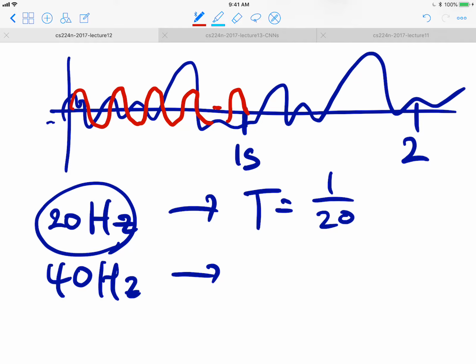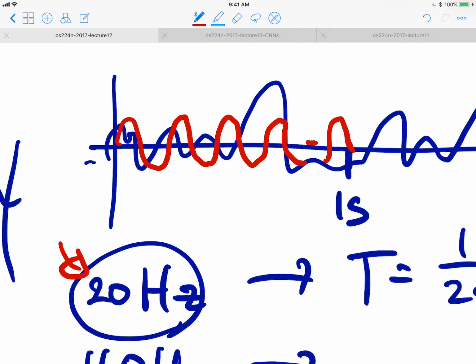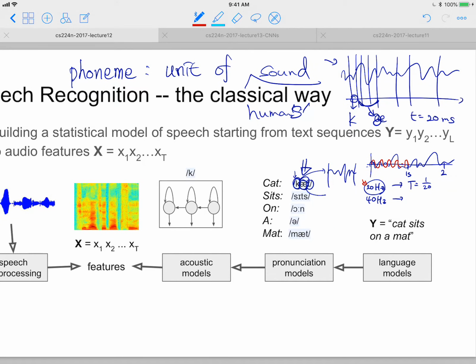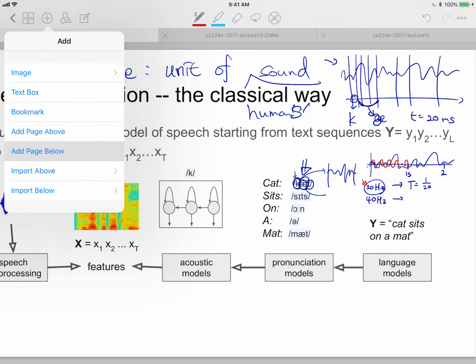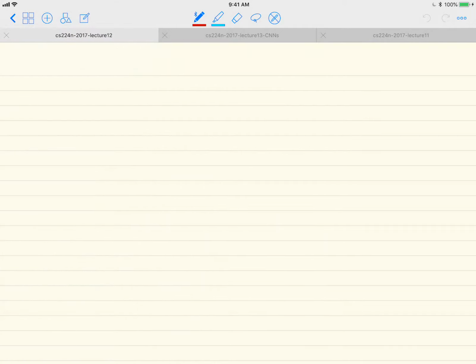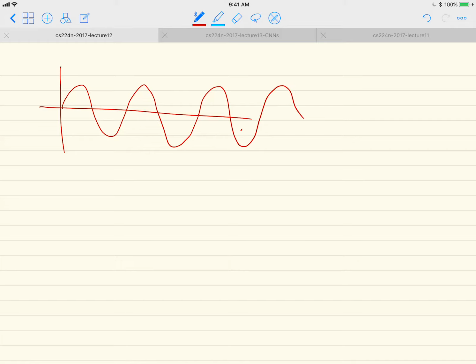Okay, and then in order to obtain this frequency component corresponding to 20 hertz, we basically compute the inner product, just like the convolution. Okay? So in this case, we have this sinusoidal one, and then our signal will be like something like this.